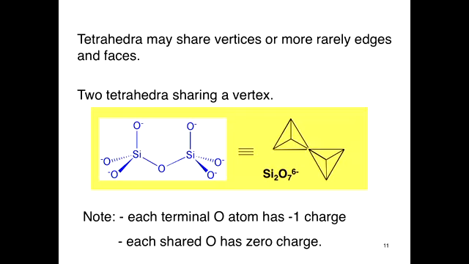Alternatively, I can work out the charge by recognising that silicon is in the +4 oxidation state and oxygen is in the -2. So if I have Si2O7, 2 times +4 is +8, and 7 times -2 is -14. -14 plus 8 gives me a net charge of 6 minus. So you should be able to look at those sorts of representations, work out charges, work out formulas.